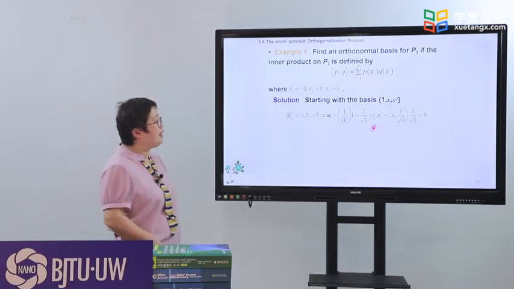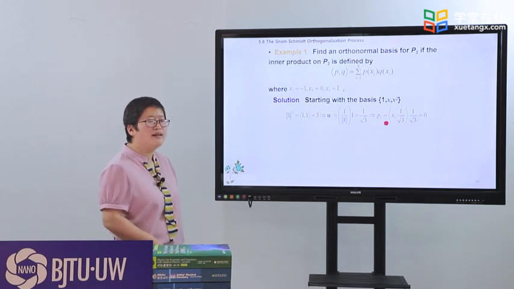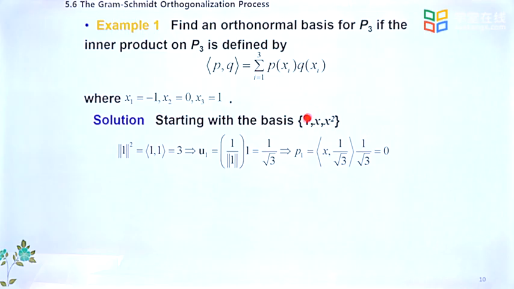Okay, so P1, the projection vector on the span of u1, should be the inner product of x and 1 over square root 3 times the first vector u1, 1 divided by square root 3.